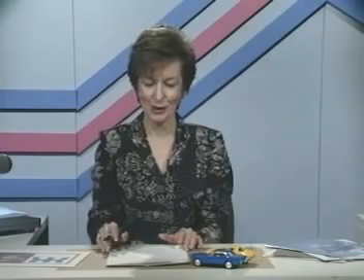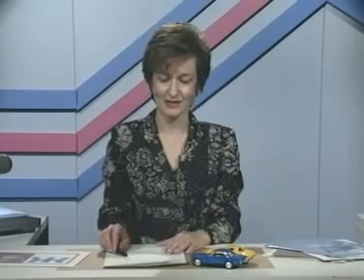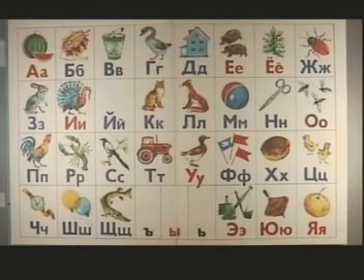Хорошо. Well, the Russian alphabet is complete, you know all the letters that it contains. And by the way, how many letters are there in the Russian alphabet? 33. The Russian alphabet is composed of the 33 letters. So let's take a look at this chart that shows you all the letters. That's it.